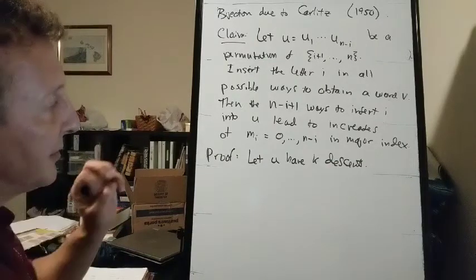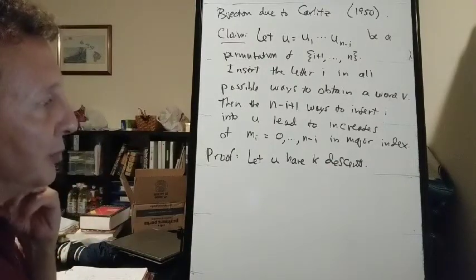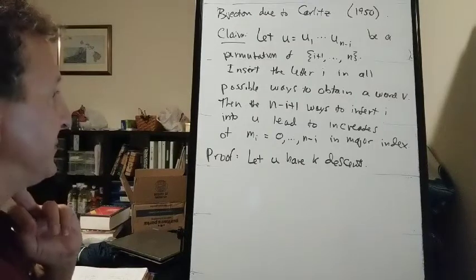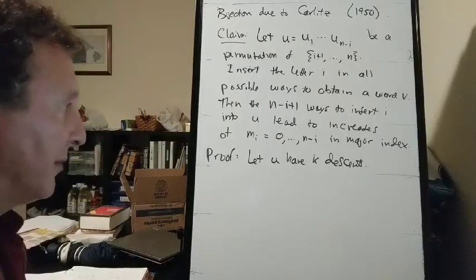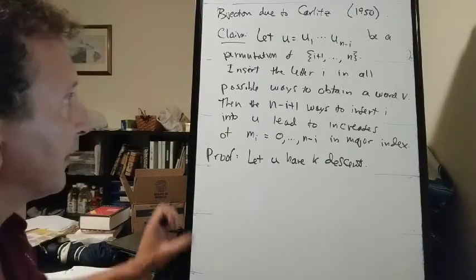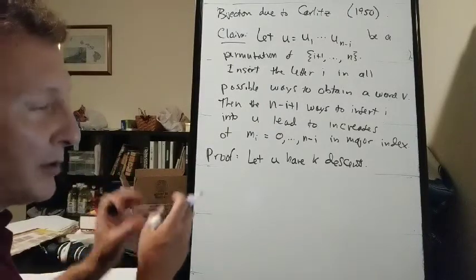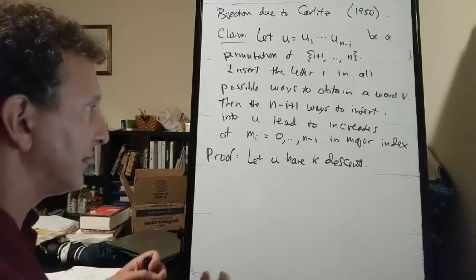So this partitions the word u into k plus 1 ascending subwords, which are sometimes called ascending runs of the permutation. So these are the subwords of consecutive letters between the descents.